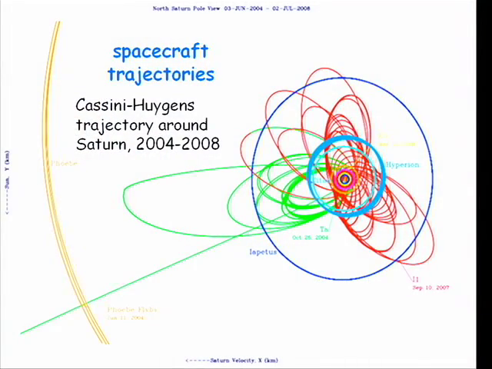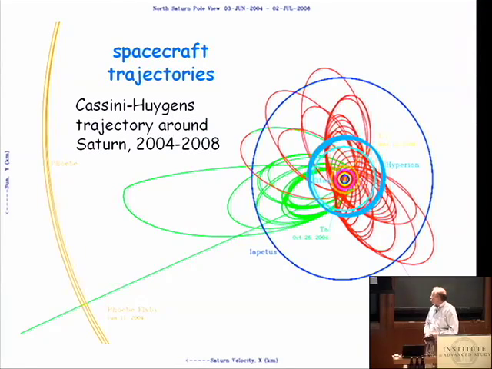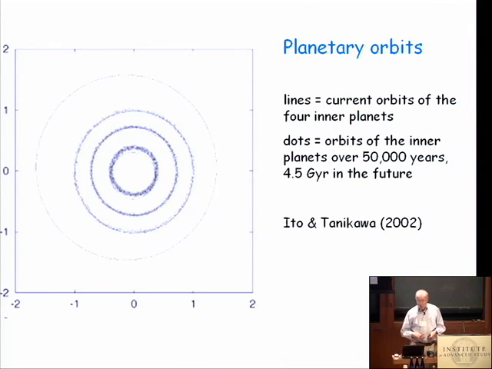This is the 5-year trajectory of the Cassini-Huygens spacecraft around Saturn. The more or less circular orbits are Saturn's satellites, and the multicolored elliptical orbits are this complicated trajectory which was designed ahead of time to enable Cassini to visit as many of the satellites as possible.